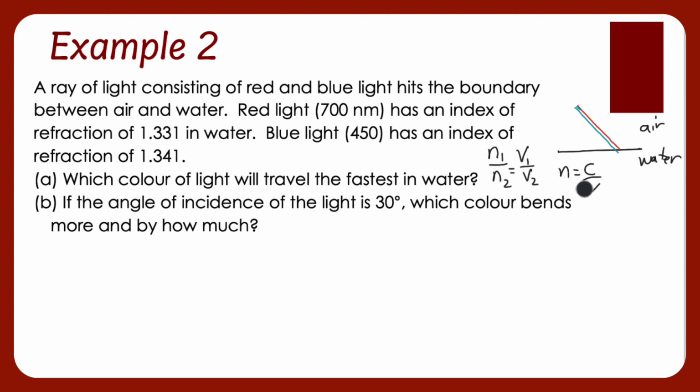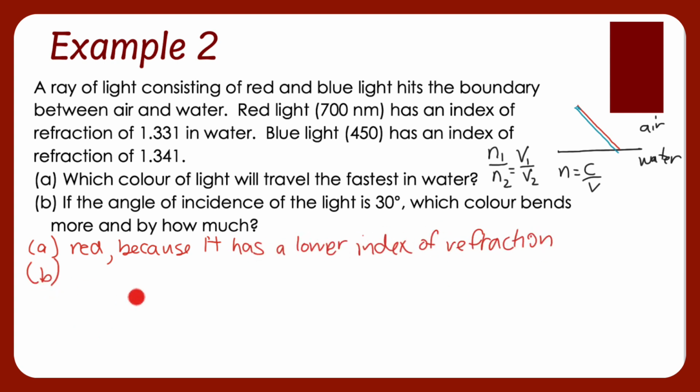You can also see here that the smaller the velocity, the greater the index of refraction. They're inverses. So in this case, I need to go look. The greater index of refraction will travel the slower speed, or the lower index of refraction will travel at the higher speed. So my answer is red because it has a lower index of refraction.